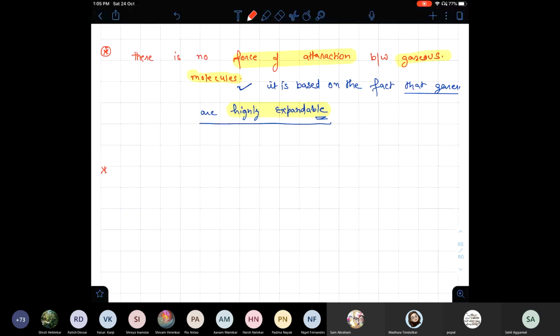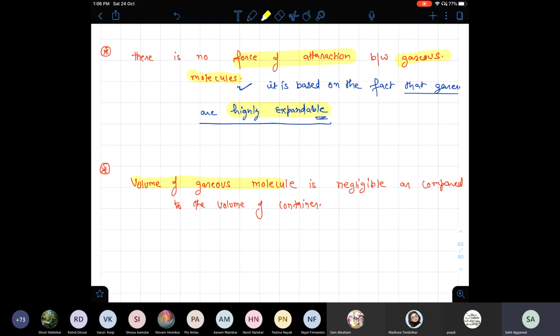Second, volume of gaseous molecule is negligible as compared to the volume of container.